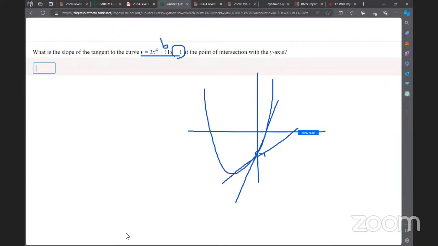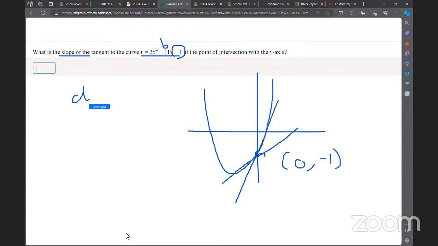Great. So we know that at the y-axis, we are talking about the y-intercept. So for this line, its x will be 0, and its y will be -1, which is the point of intersection between the curve and the tangent line.